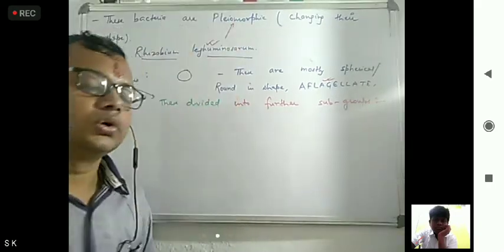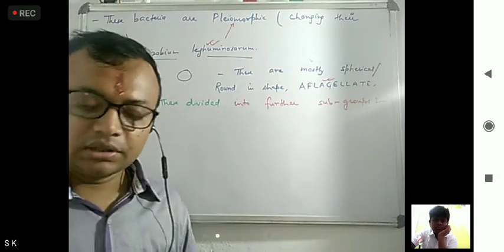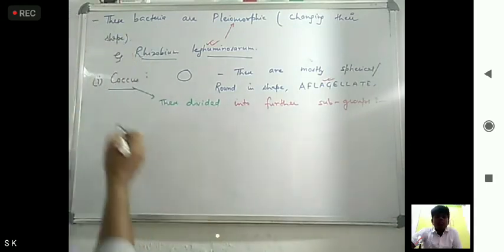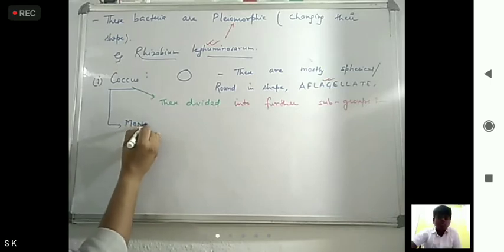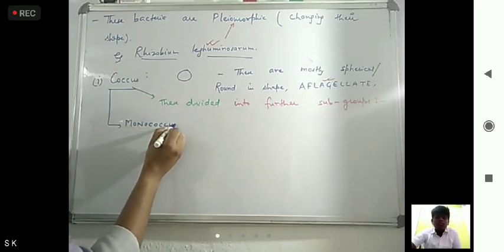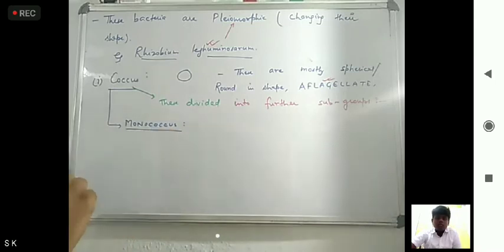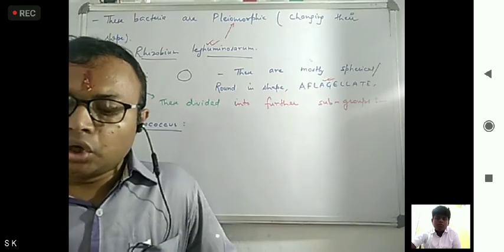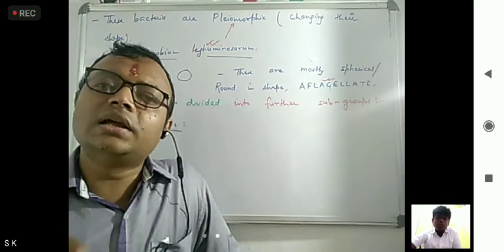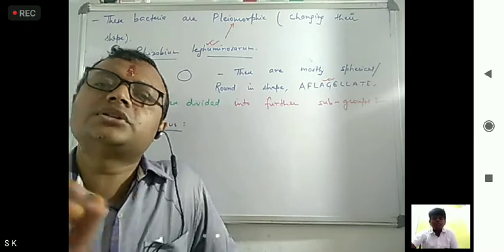Okay, so what are the groups? One is monococcus. Now, as the term suggests, mono means one. So only single cell representing bacteria is known as monococcus.